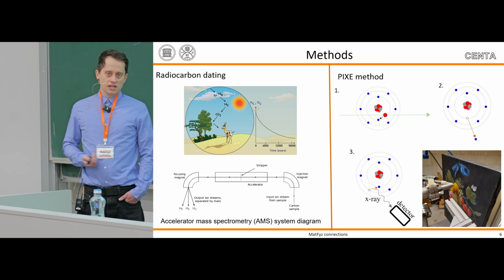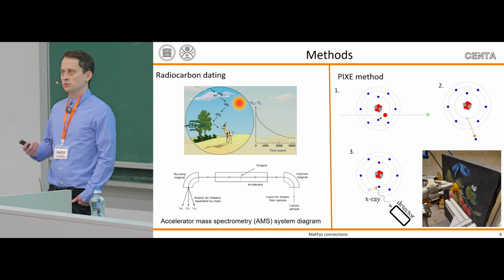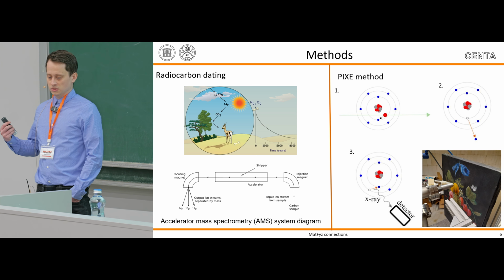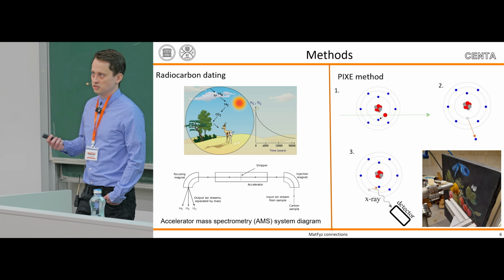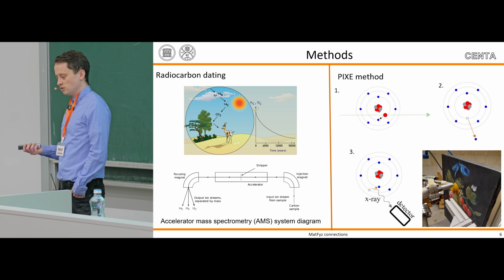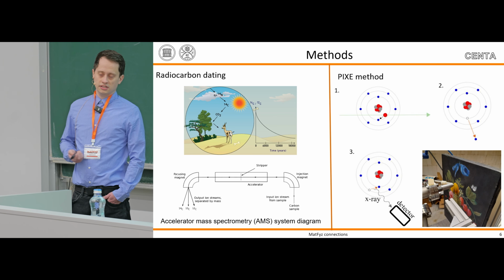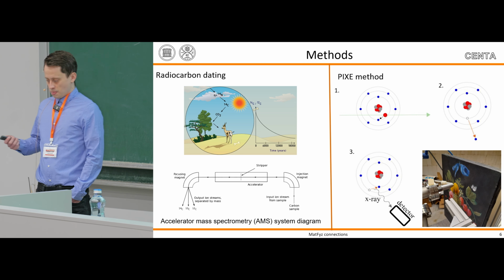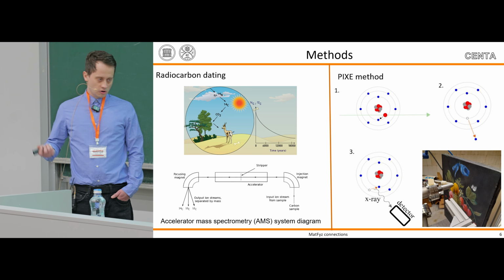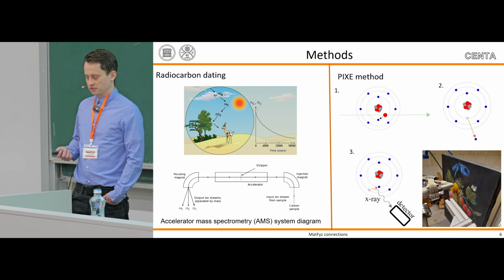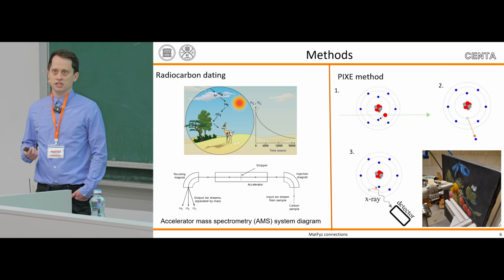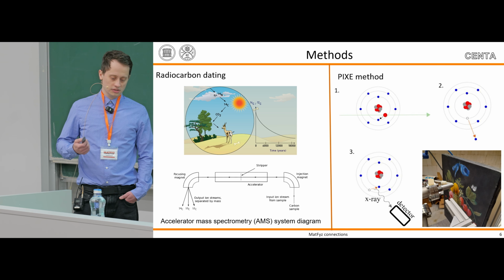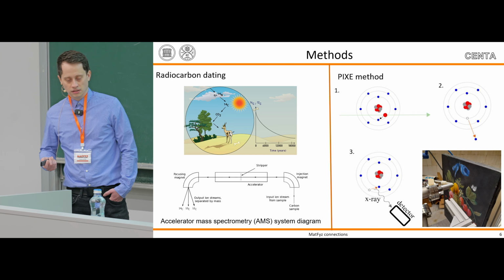When the organism dies, the intake stops, and due to radioactive decay, the concentration of C14, or radiocarbon, slowly decreases in time. By comparing the concentration of C14 and the stable C12, the age of the sample can be determined.